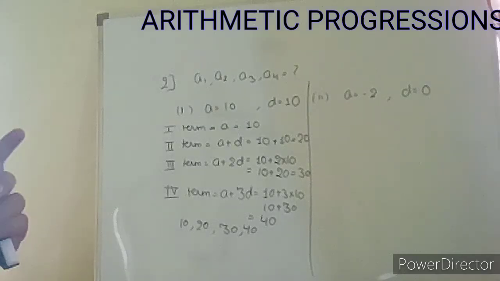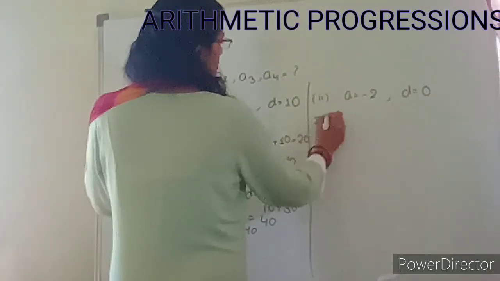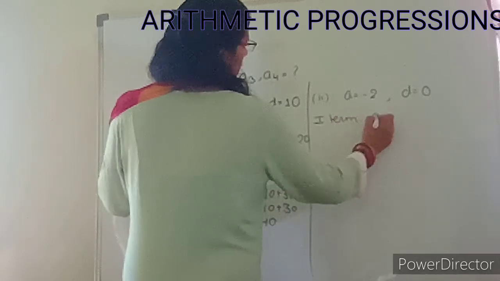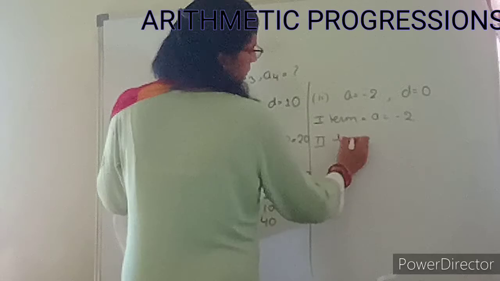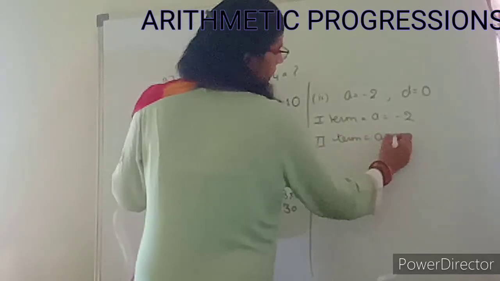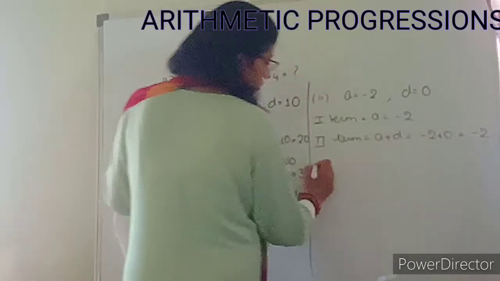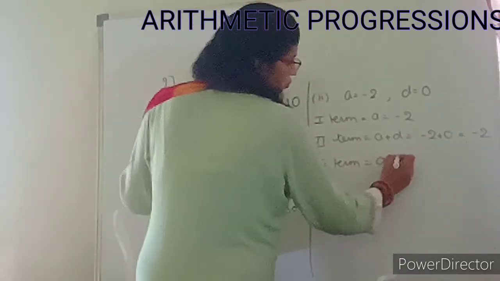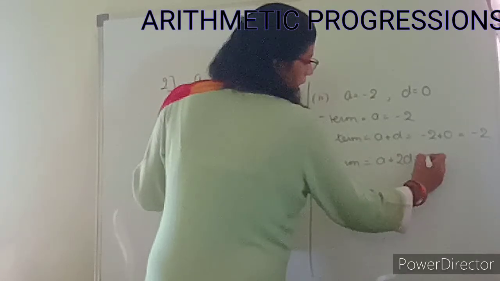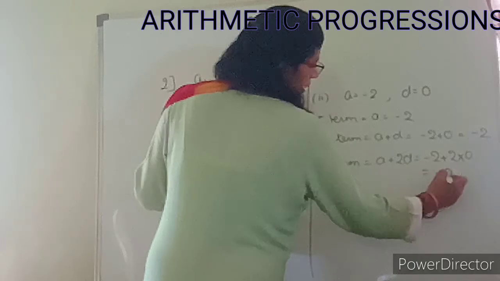Second part is the same way. The first term is A, that means minus 2. Second term A plus D, that means minus 2 plus 0, again it is minus 2. Third term A plus 2D, that means minus 2 plus 2 into 0, again minus 2.